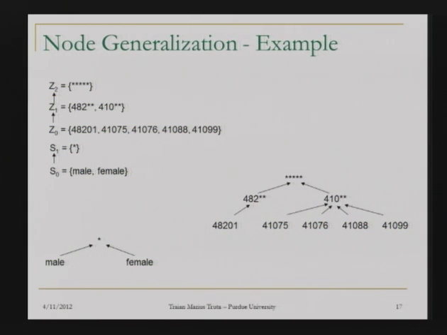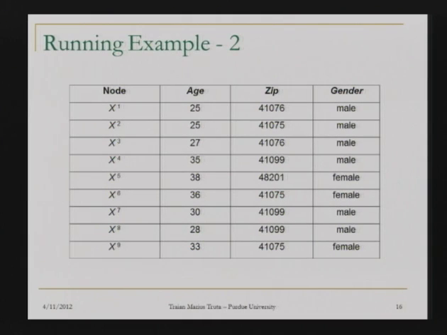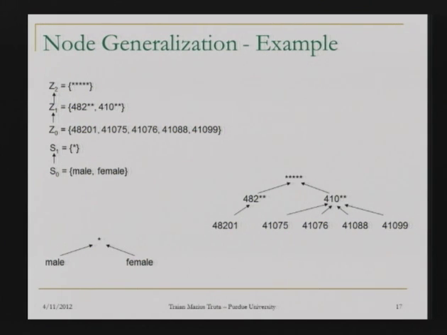In order to create a masked social network, we will use a generalization hierarchy. In other words, for gender, male can be generalized to nothing. Female can also be changed to nothing. For zip code, you can use 3-digit zip codes in between.